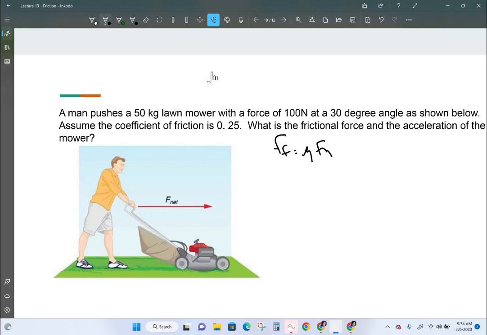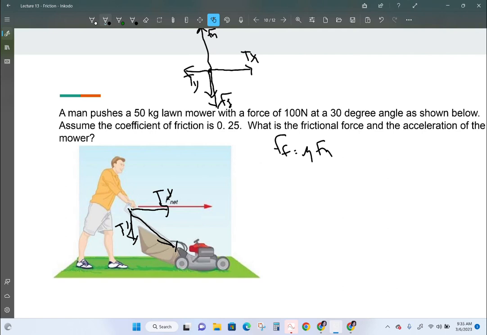So he's pushing down like this, which means that he's pushing with a Tx and a Ty. So when I draw this, I'm first going to draw the Tx in, and I'm going to draw the Ty in. It also has weight acting on it, so the normal force should be equal and opposite to both of those.